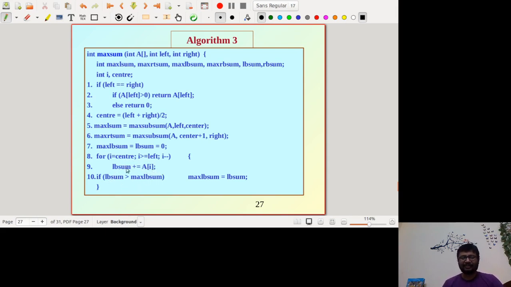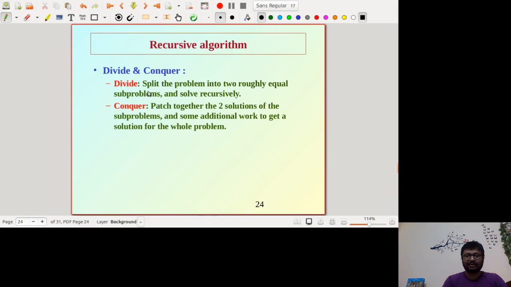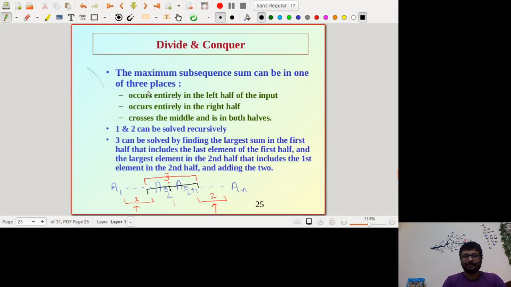For each of those sums you check whether it's greater than the running maximum that you are maintaining, and if it is, then you update it. After this, max LB sum will contain the maximum subarray sum which is of that form. Similarly, in this for loop, you compute the maximum subarray sum which is of the other kind.